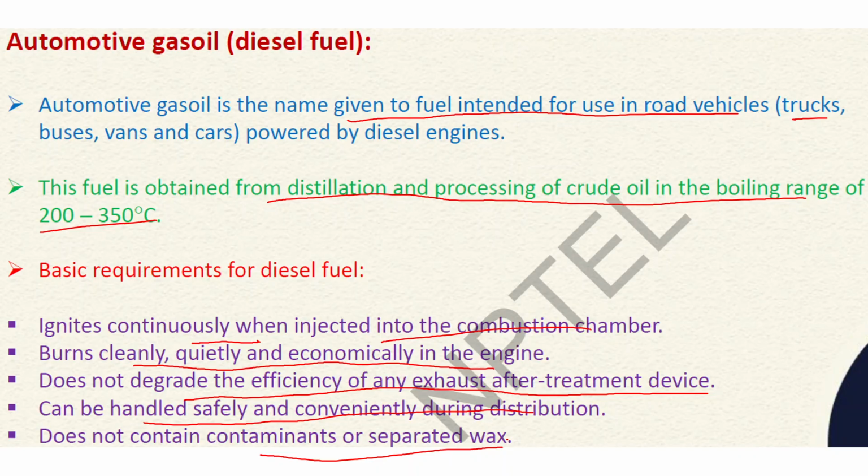But if long chain paraffins are present in the fuel oil, then the wax content automatically increases, which may create problems during transportation of this diesel fuel from a hotter area to a colder region, because the wax present in the diesel fuel will start to freeze and form crystals, due to which the flowing ability of the diesel fuel ceases.